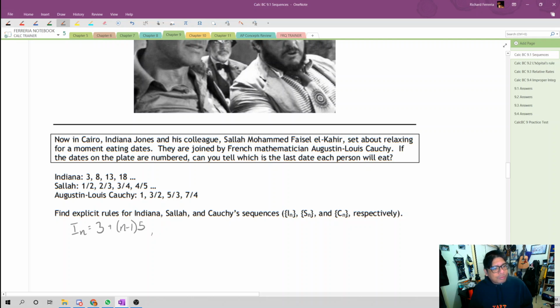So if S1 equals 1/2, then I take a look at the 1 and the 2 separately. S2 is equal to 2/3. Okay, so we're going to relate both the numerator and the denominator with the index number.